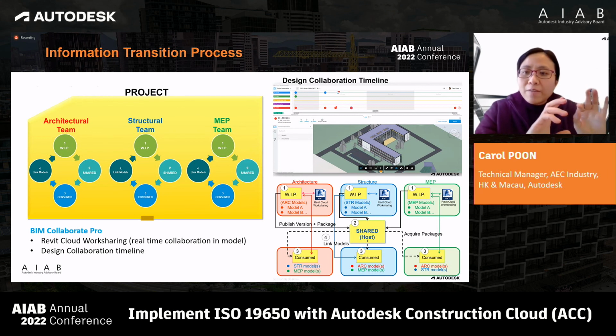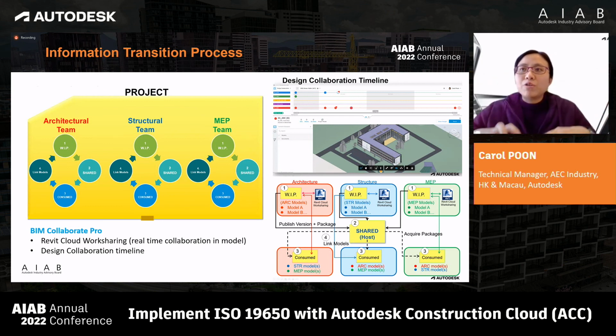And when they find some problem, they can create an issue in that design collaboration module as well. And once everything is good and ready for them to reference, they can click the consume button on design collaboration. For example, the package is shared from architectural, and then the structural engineer takes a look and decides to use that architectural package.